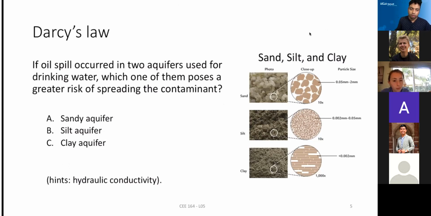You have sandy aquifers, silt aquifers, clay aquifers. It asks which has the most risk of spreading the pollutants. Spreading means how far it can migrate, not how much it can disperse. You have 30 more seconds to answer. Again, it should be related to hydraulic conductivity.